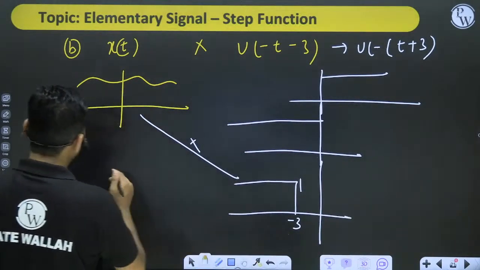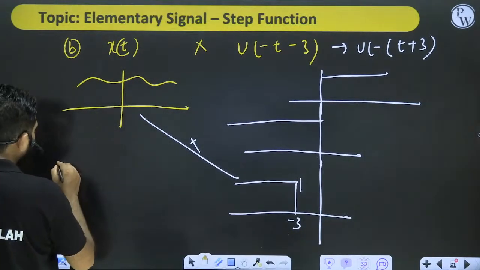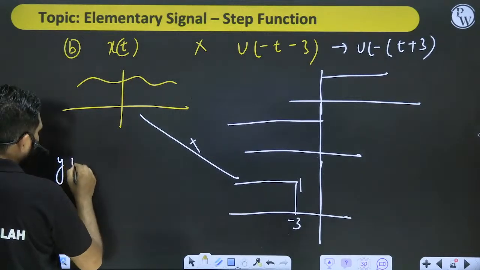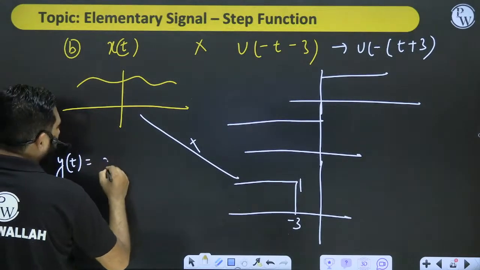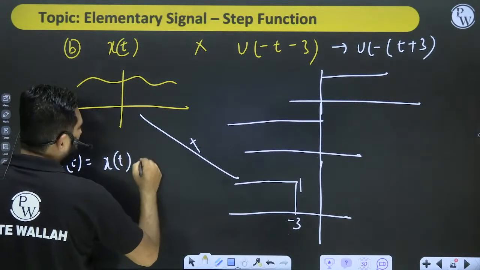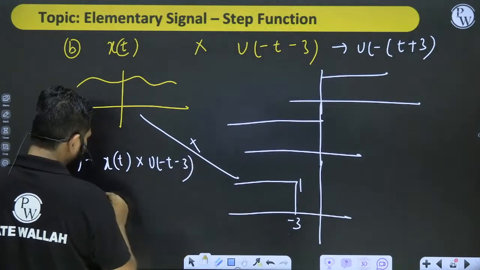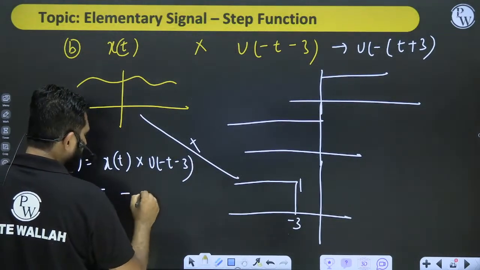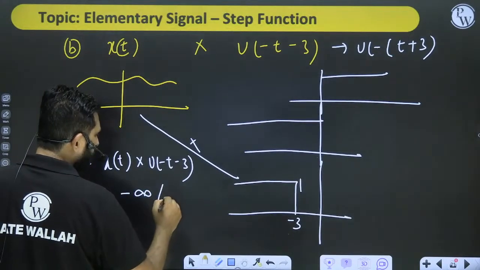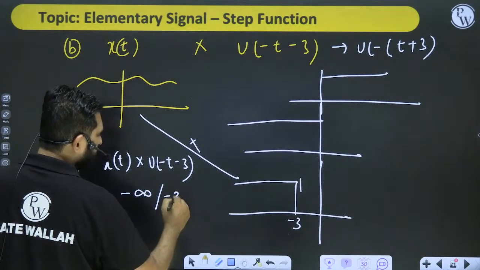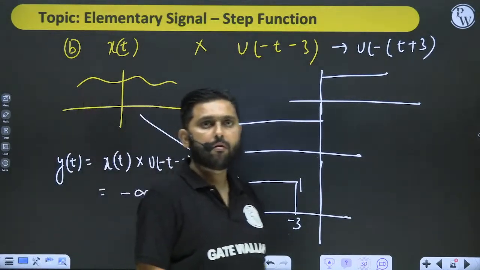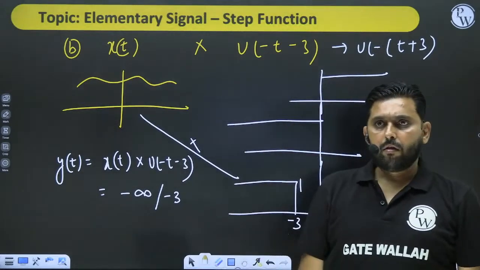This means that the limit of y(t), which is x(t) multiplied with u(minus t minus 3), is minus infinity to minus 3.